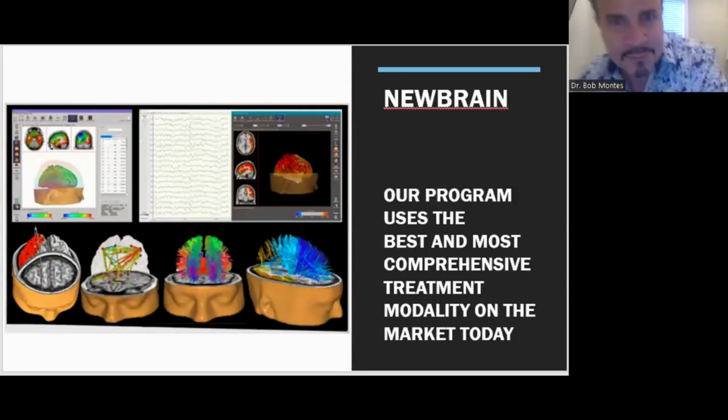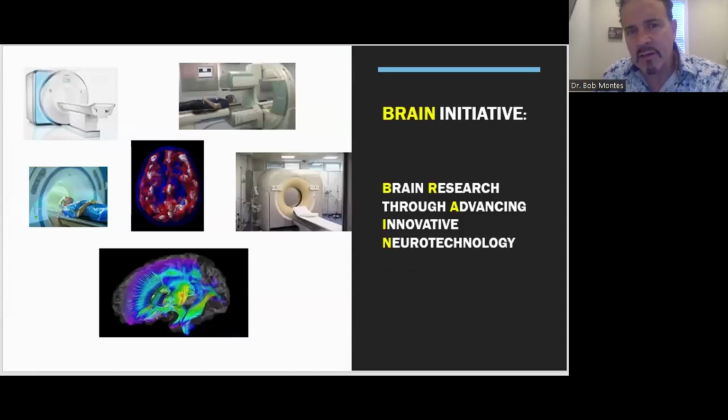Now, NewBrain uses the best and most comprehensive treatment modality on the market today, and now has wonderful illustrations of how the brain is actually functioning. Now, these are live feeds of the brain that we have with our equipment. So we get the best chance of improvement when we're identifying the entire area of the brain and we're able to treat it at once.